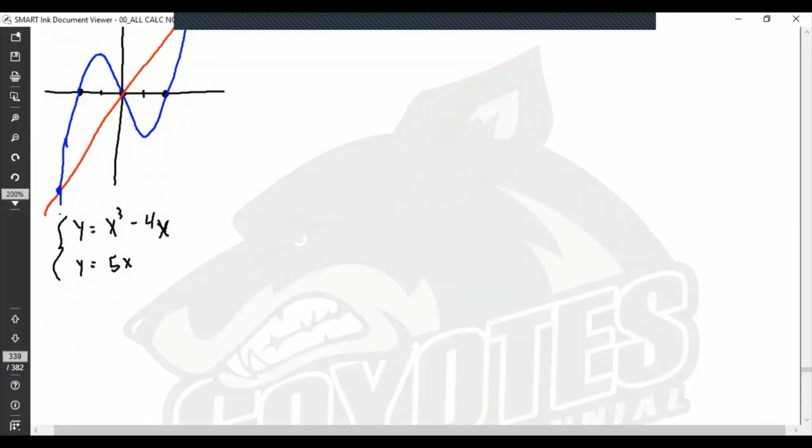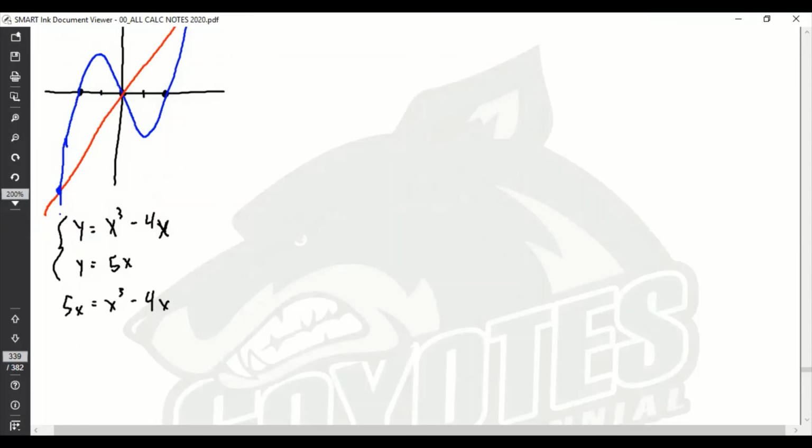Now it's a system of equations. We make them equal to each other. 5x equals x cubed minus 4x. 0 is equal to x cubed minus 9x. 0 is equal to, and this one works out quite nicely, x bracket x squared minus 9.